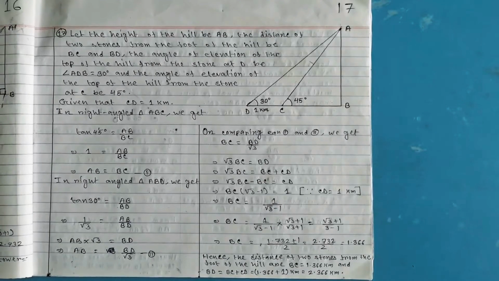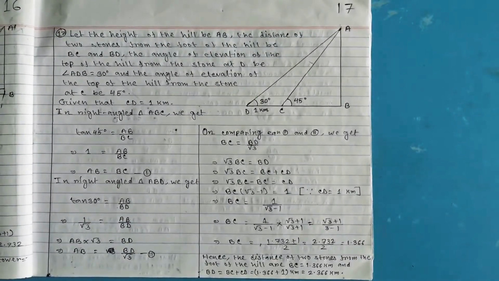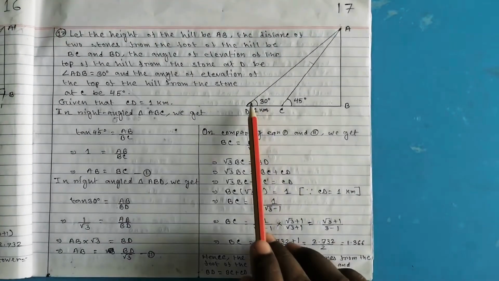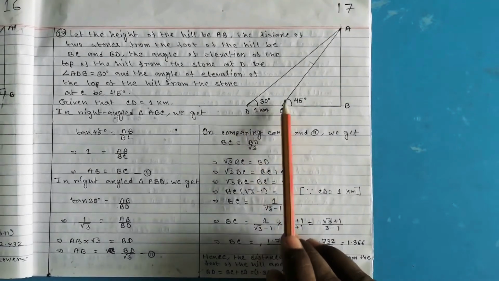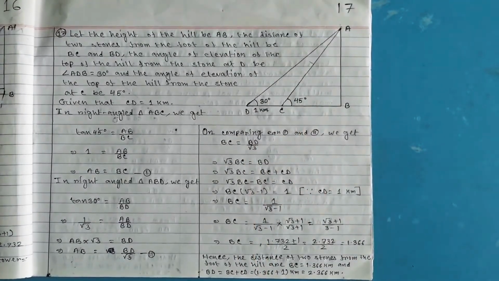It is told that the angle from the first kilometer stone is 30 degree, and from this kilometer stone that is 45 degree. That is given. You have to find the height of the hill. This question is also same as question number 15 and 16, but I am again explaining this one.